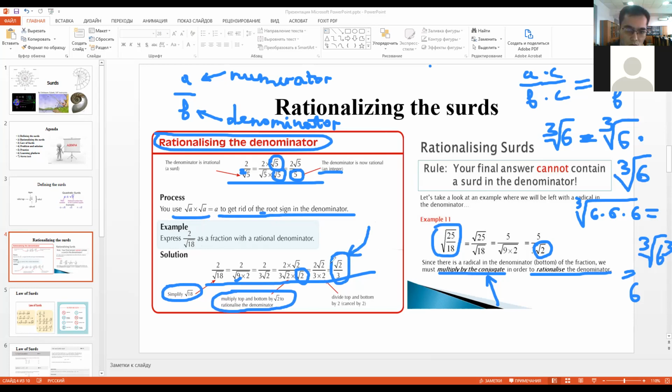Where is 2? Yeah. We're canceling it. Can you see here? We cancel because we have the same number in the numerator and denominator. I can multiply 3 and 2, get 6, and on top we have 2 and the quadratic surd 2.